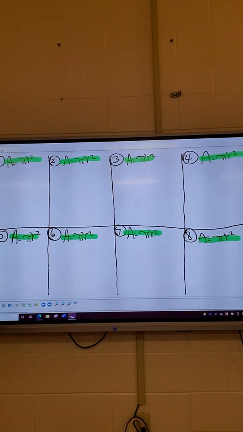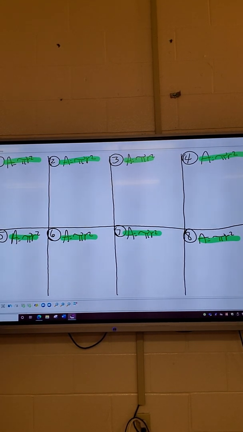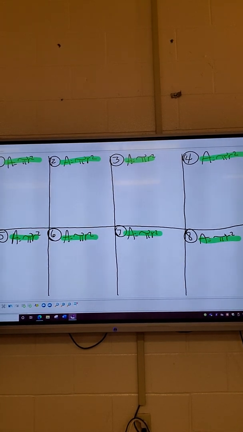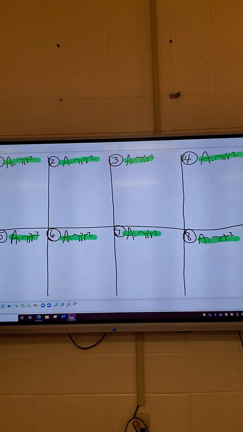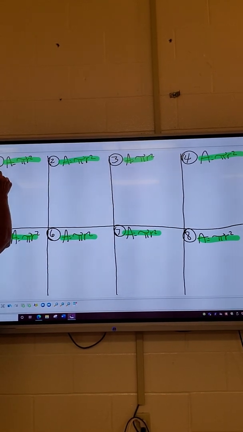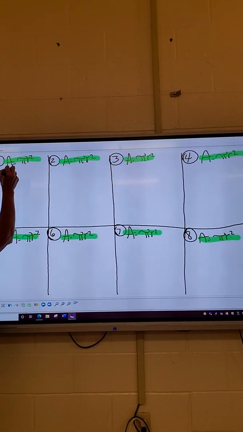So now, looking at number 1. The circle for number 1 gives you a radius of what? 11. What is r on number 1? No, that's circumference. 11 is the radius. So, A equals pi.